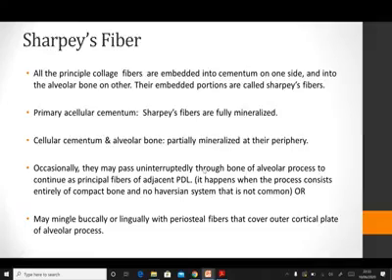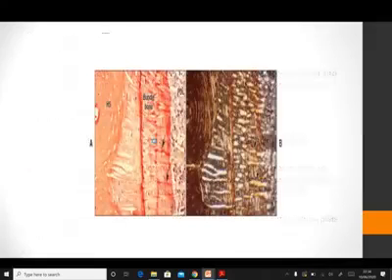It, however, happens when the process consists only of compact bone and no Haversian system, which is not very common. These Sharpey's fibers may also mingle buccally or lingually with the periosteal fibers that cover the outer cortical plate of the alveolar process.